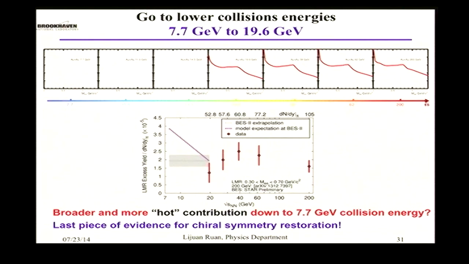At some point, we would like to see this peak structure completely disappear. If you just see a smooth function, what do you see? I see nothing. I see no particles. That would mean that the resonance, that particle, is completely melted. And this would be the last piece of evidence for chiral symmetry restoration.